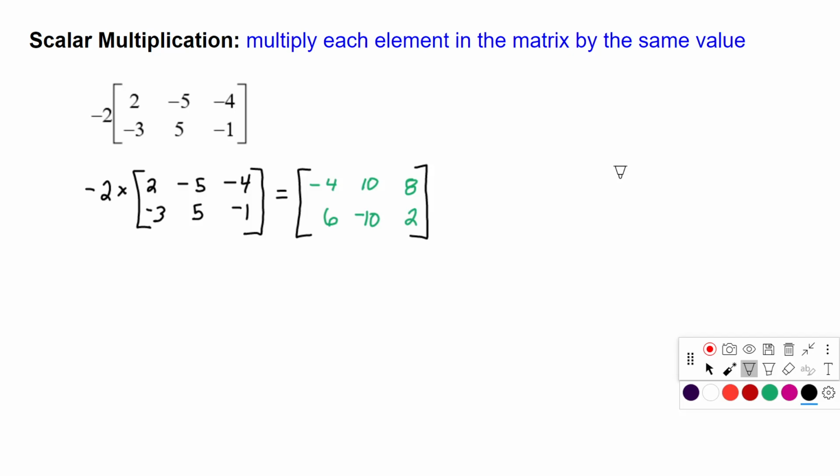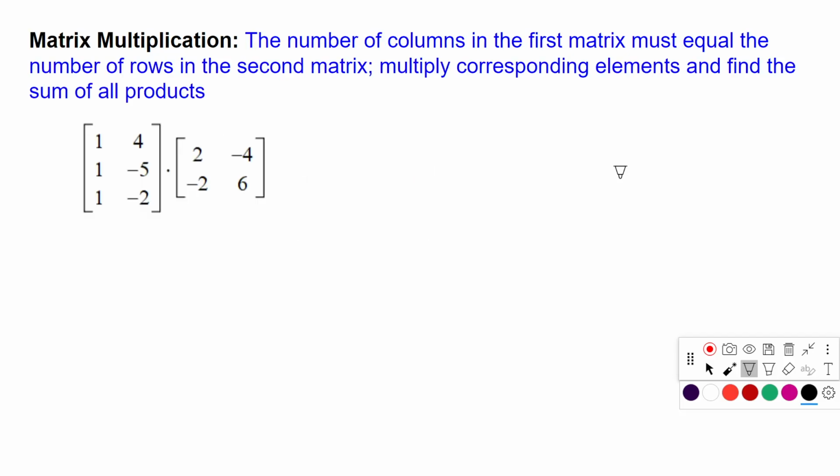Now, for the operation that is not so straightforward, that's matrix multiplication. One thing you need to check first of all is your dimensions. So this first matrix is a 3-row by 2-column matrix, and the second matrix is a 2-row by 2-column matrix. In order to be able to multiply these, the number of columns in the first matrix has to be the same as the number of rows in the second matrix.